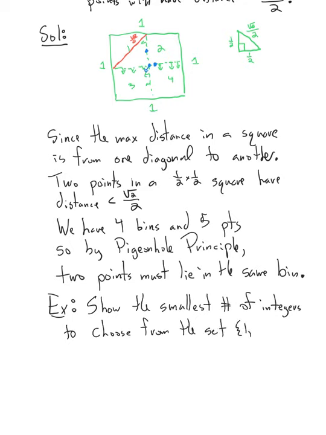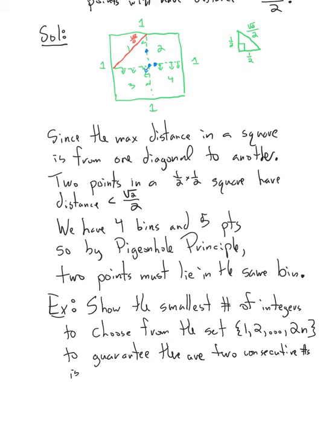Let's start at 1, and then we'll go up to some even number, we'll call it 2n, to guarantee there are 2 consecutive numbers is n plus 1.